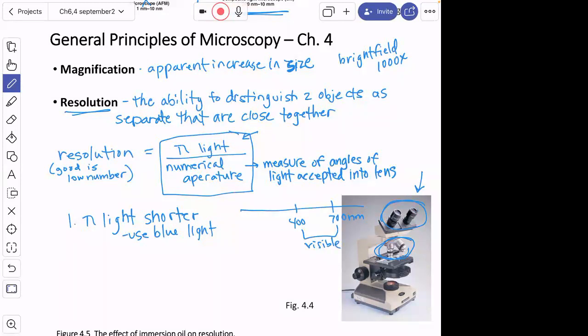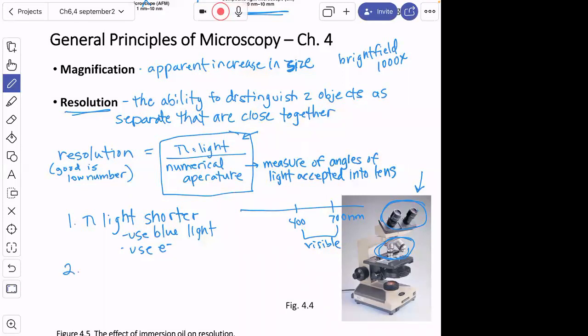If you look at a rainbow, the red's always on top because it's a longer wavelength, and blues and purples are always on the bottom because they're shorter. So if we use a shorter wavelength of light, we'll make the numerator smaller and, in theory, get a little better resolution. I haven't actually tried doing that. We just have white light in lab. But if you use electrons, much shorter wavelength. That's what makes electron microscopes so powerful, because those electrons behave differently than regular light.